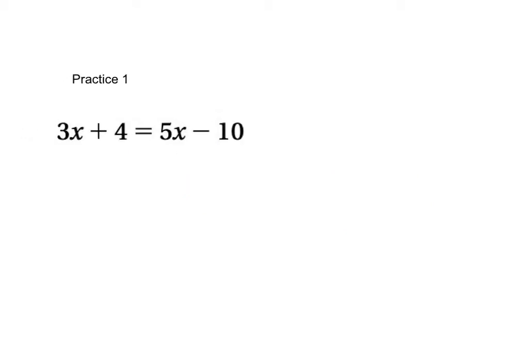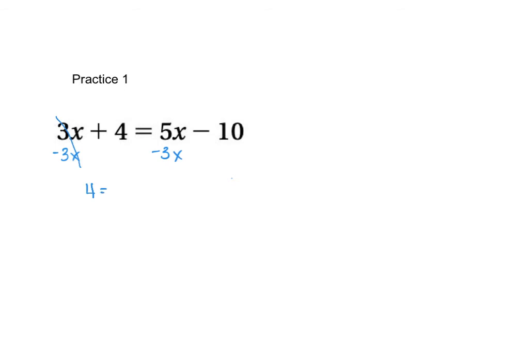Okay, so now we've got 3x plus 4 equals 5x minus 10. So what we want to do is subtract 5x from both sides, or actually, better yet, to keep everything positive, we want to subtract 3x from both sides. So what we're going to get is these are going to cancel.